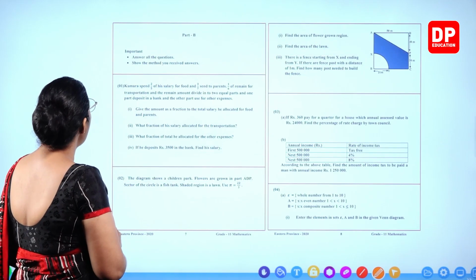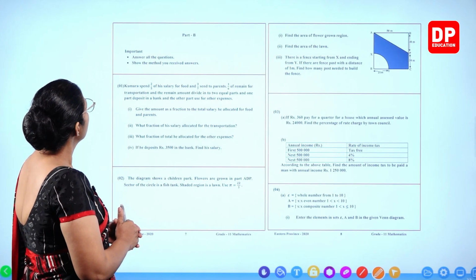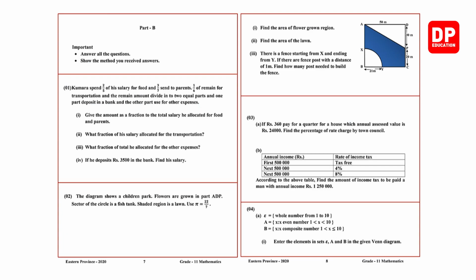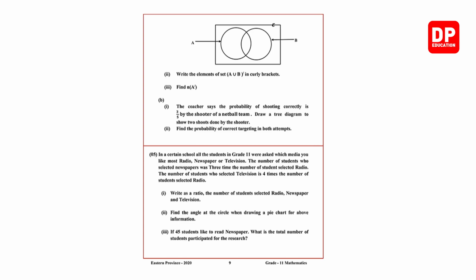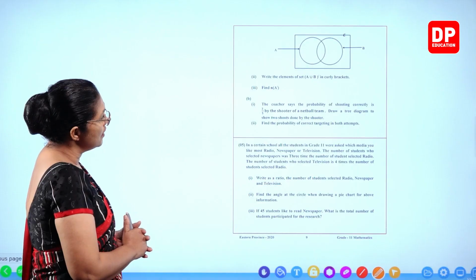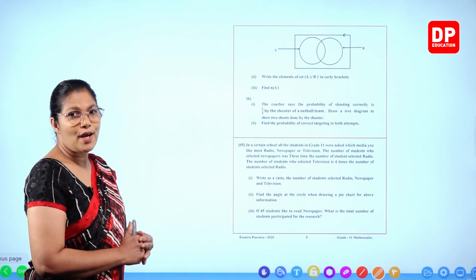Then you get part B. Question number 1 is a fractions question. Question number 2 is area. Then question number 3 is a percentage question. And then 4 is about sets. And question number 5 is about ratios. So let's do this paper now.